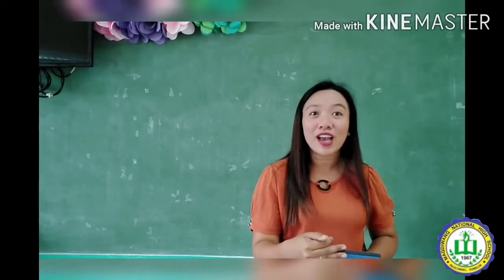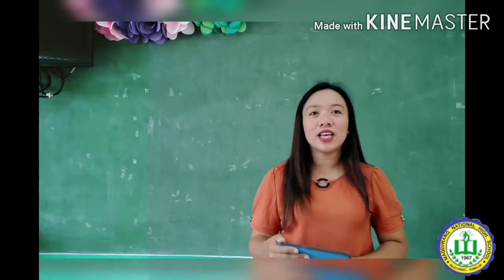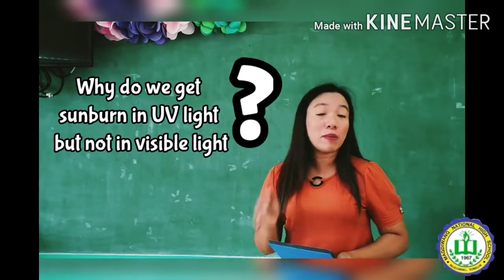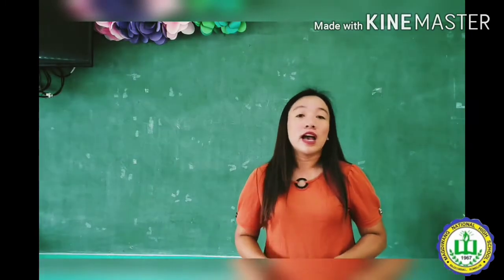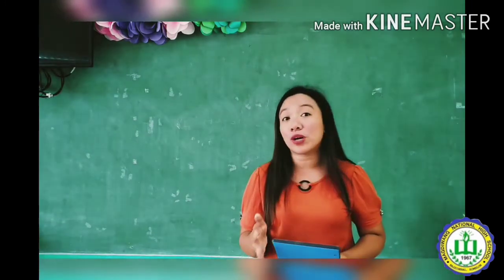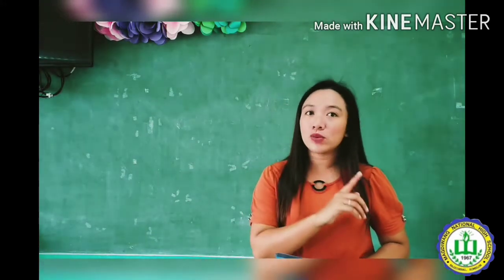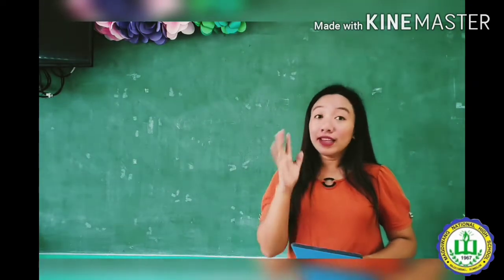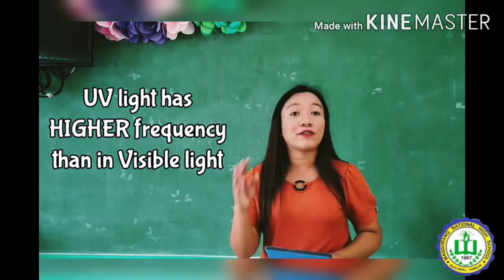So, now let's find the answer to the questions earlier, okay? So, first, why do we get sunburn in ultraviolet light but not in visible light? As we know, the sun is the source of the full spectrum of the ultraviolet radiation, which is responsible for causing us sunburn, diba? This UV light has higher frequency.